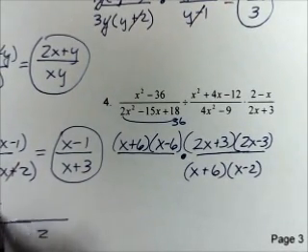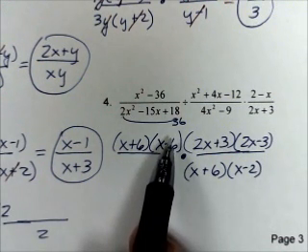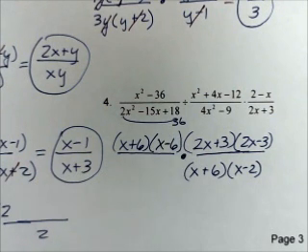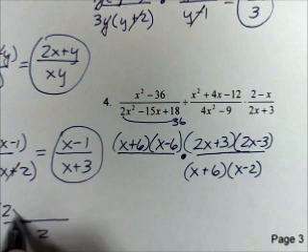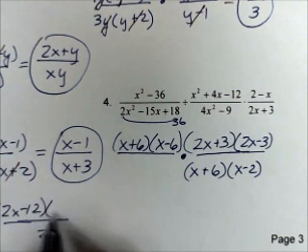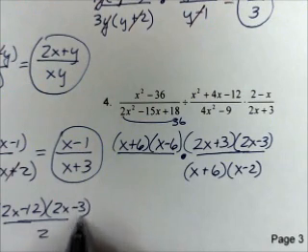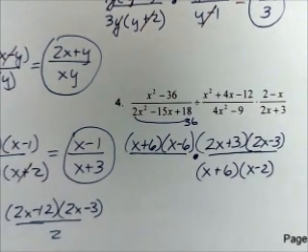That was a -15, so that's going to be 2x minus 12 and minus 3.